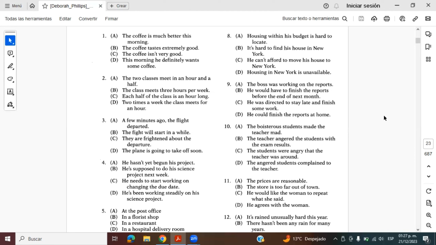It meets twice a week for an hour and a half each time. What does the man mean? Number 3. I'm tired of just sitting here. Relax. I'm sure that the flight will depart within a few minutes. What does the woman mean?